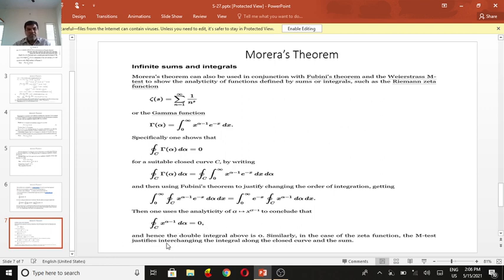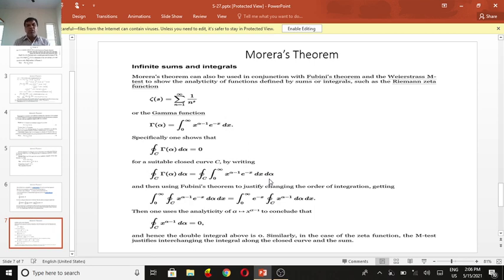Hence the double integral above is 0. Similarly, in the case of the zeta function, the Weierstrass M test justifies interchanging the integral along the closed curve and the sum. This is the infinite sums and integrals form, using the gamma function, Weierstrass's theorem and Fubini's theorem, giving relations.